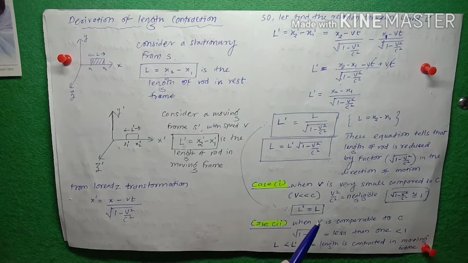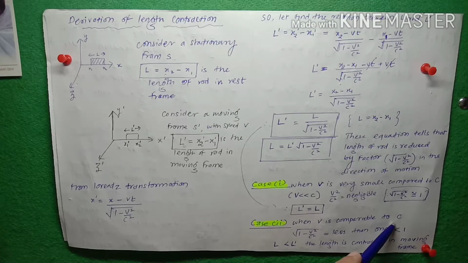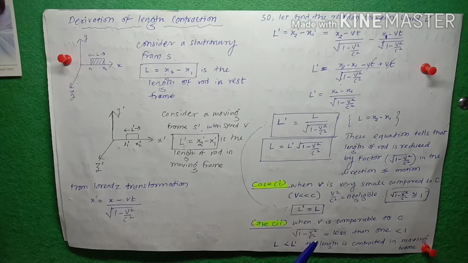But suppose the speed increases and becomes comparable to c, the speed of light. Then v squared by c squared is large, so 1 minus that will be less than 1, and the whole root quantity will be less than 1.